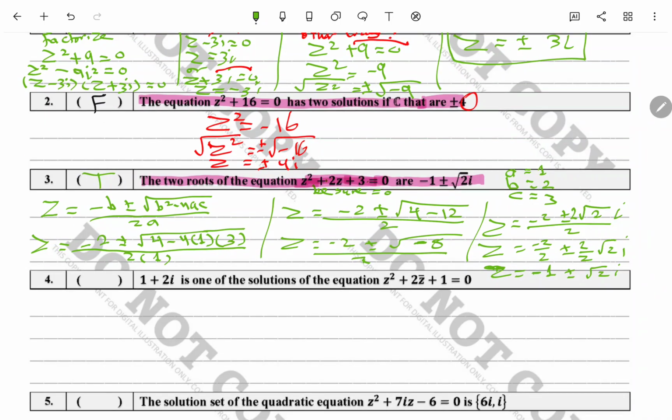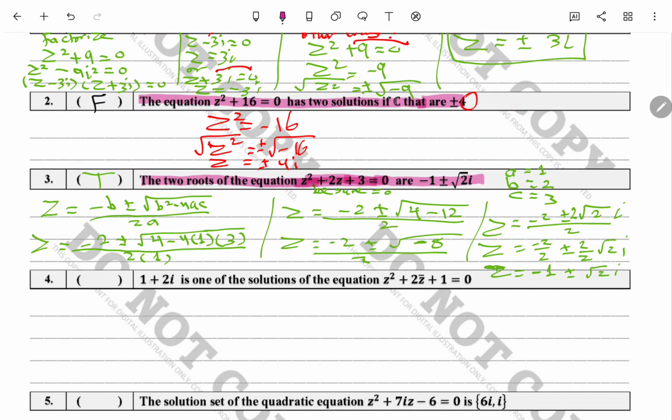In number 4, 1 plus 2i is one of the solutions of the equation z squared plus 2z-bar plus 1 equal to 0. Because he said it is one of the solutions, that means you are going to replace. So he gave you the value of z, which is 1 plus 2i.